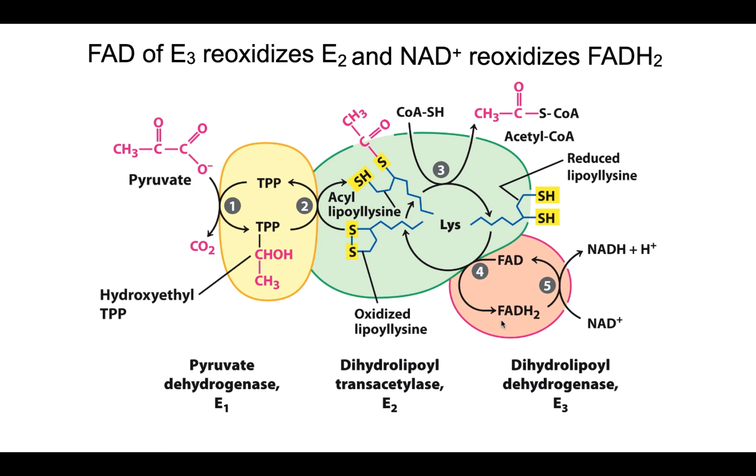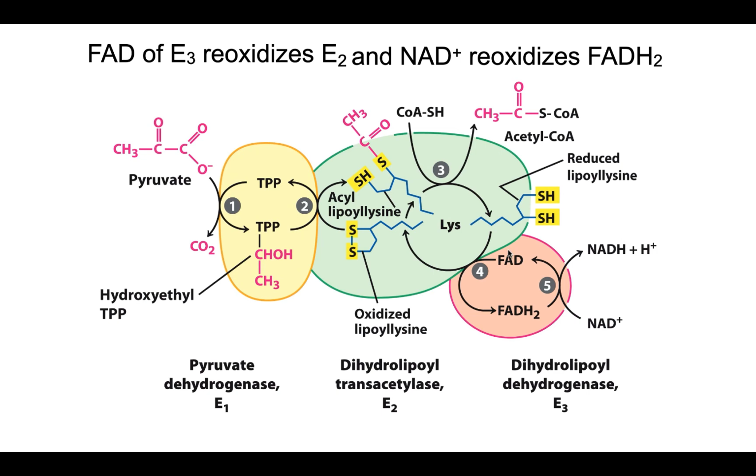That's the job of our other cofactor. In this case, it is a stoichiometric cofactor or a co-substrate cofactor, NAD+. It starts off oxidized. It oxidizes FADH2 back into FAD, and in so doing becomes NADH. Now we've seen NAD+ and NADH before, but we haven't seen FAD.